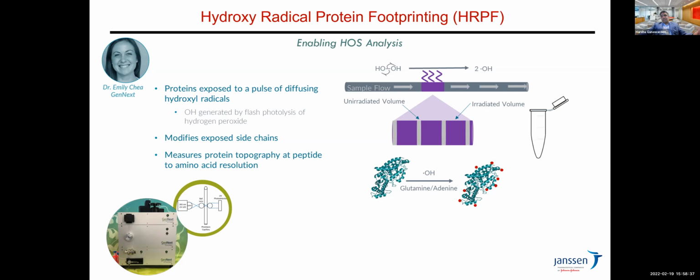The reaction of hydroxy radicals with amino acids typically results in a net insertion of one oxygen atom into amino acids, and multiple such amino acids are oxidized simultaneously. Hydroxy radicals are short-lived, and when generated by a nanosecond UV laser pulse, reactions between the amino acids and radicals are completed before any conformational changes can occur of the labeled protein. So there is no denaturation taking place during this process.